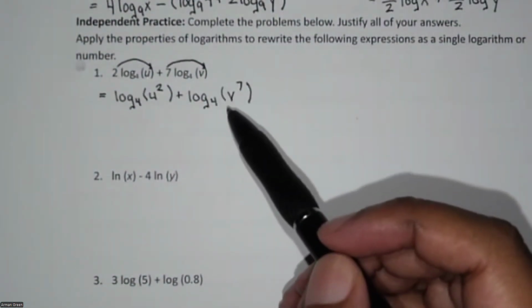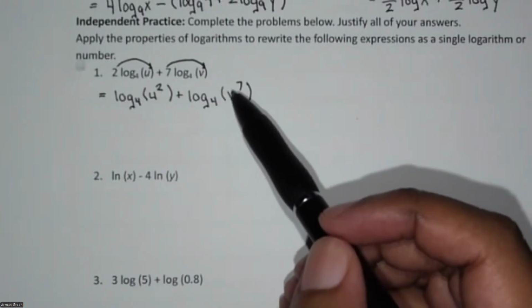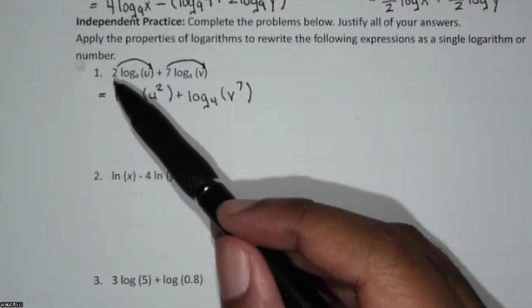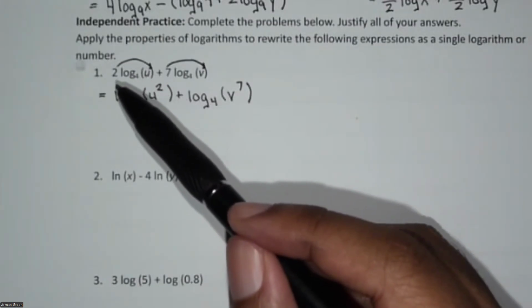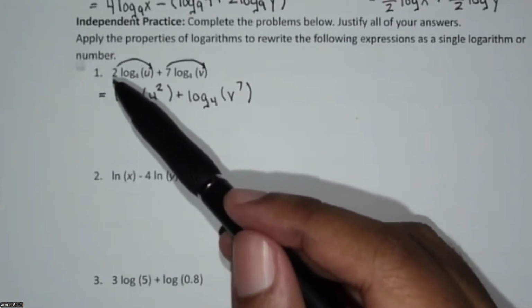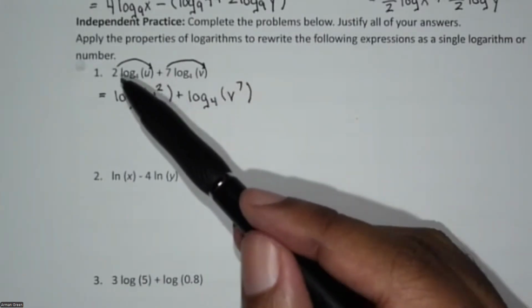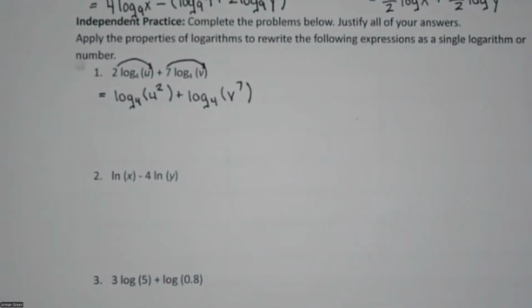Note how normally when we had exponents, we always said move it to the front. But since we already have them in the front and we're working backwards, these coefficients now become exponents.